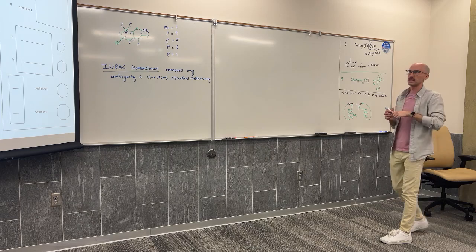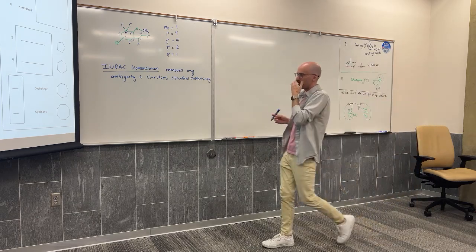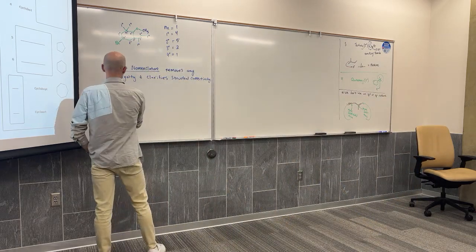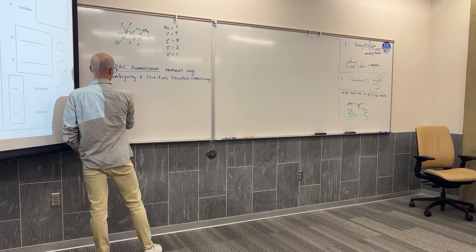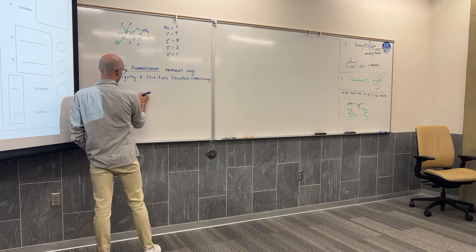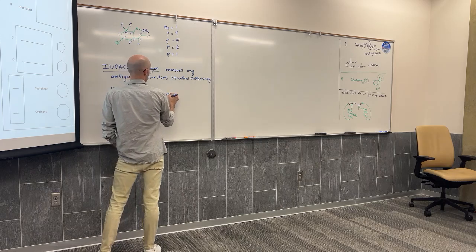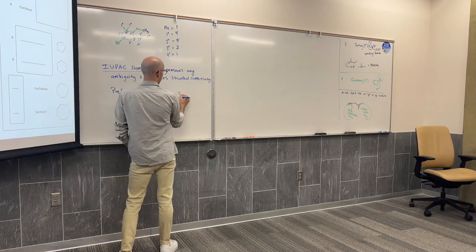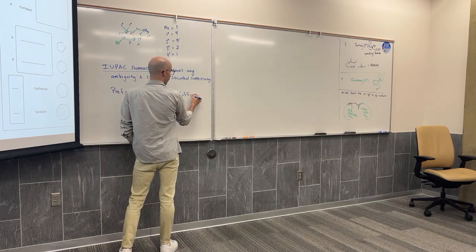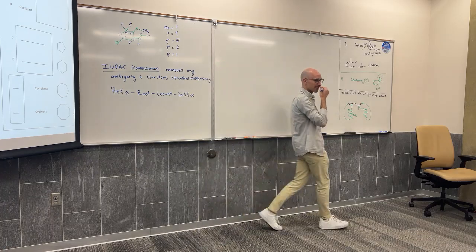So, all right, starting off, a name is best formatted with these four parts. A name has a prefix, a root, a locant, and at least one suffix.